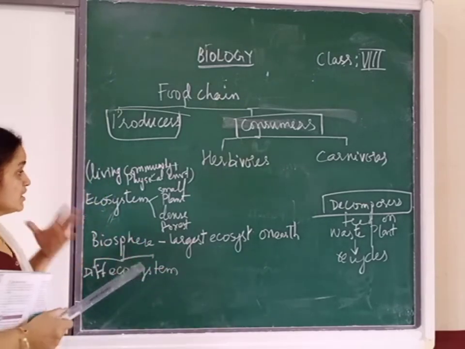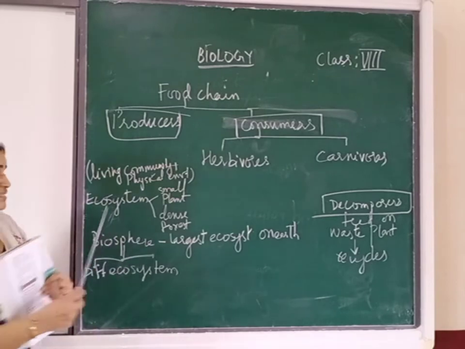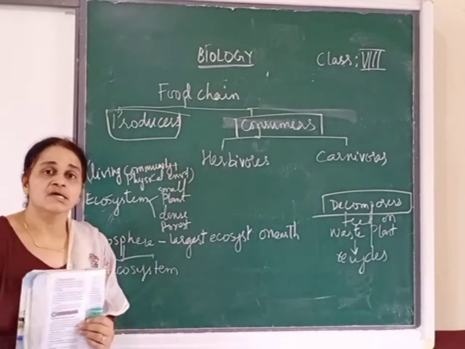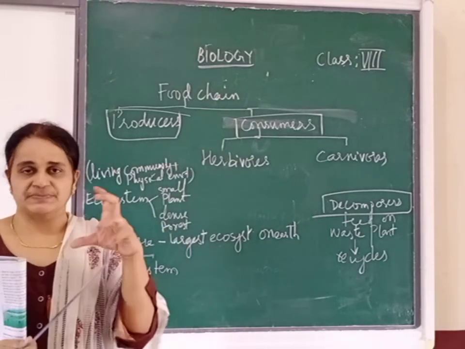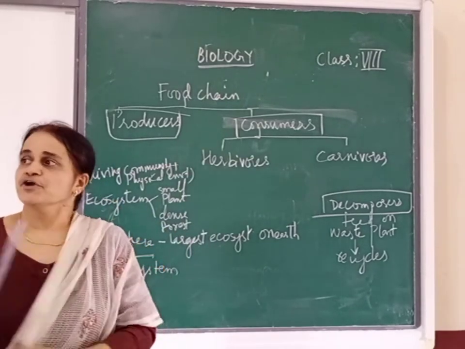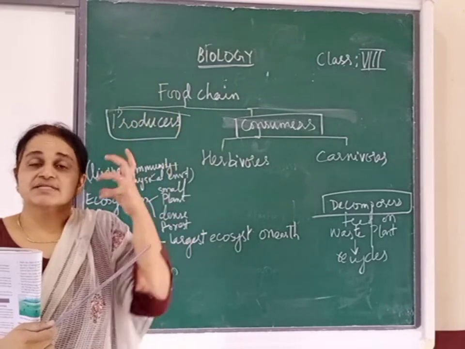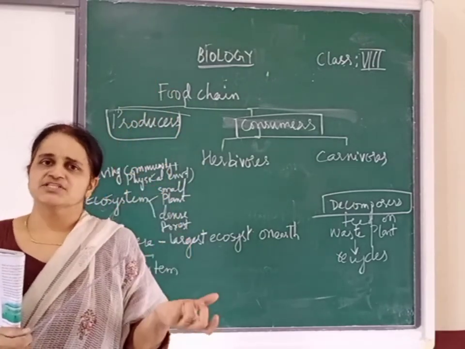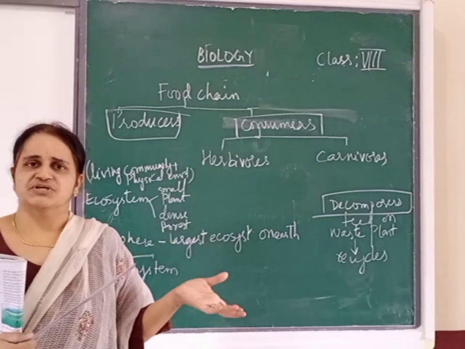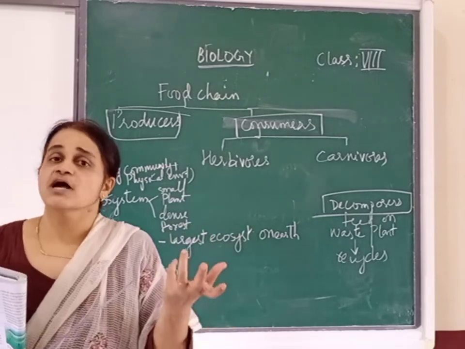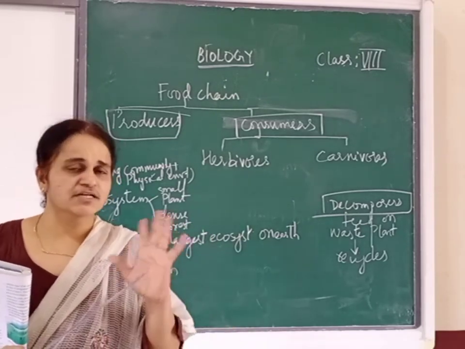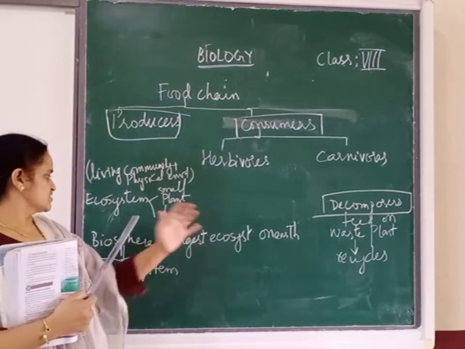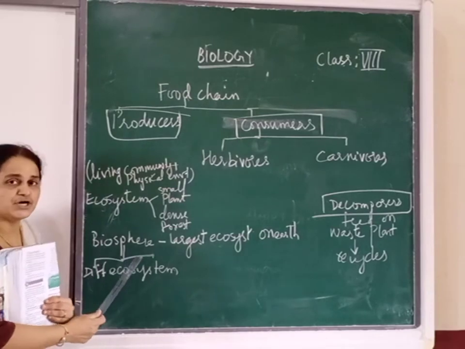So biosphere is nothing but the largest ecosystem found on the earth. If we go to large areas where there is very high temperature or very low, below freezing temperature, where life is not possible, that is not a biosphere.